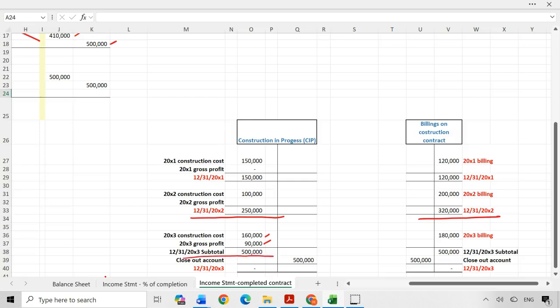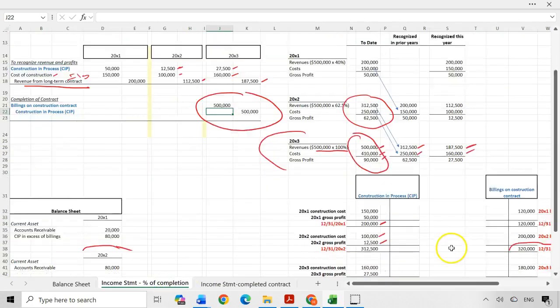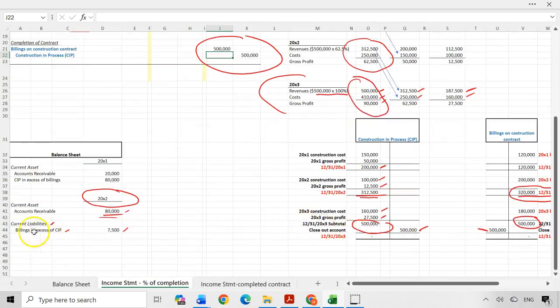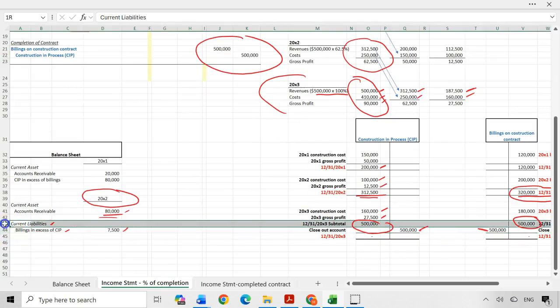So you'll notice here that our subtotals are once again $500,000 debit in the construction in progress and $500,000 credit in the billings on construction contract, which is exactly what it was in the percentage of completion method when we went down here. I'm looking at row 43 here, right here.